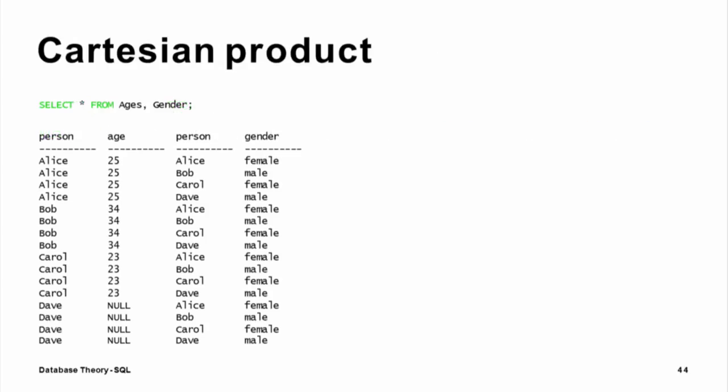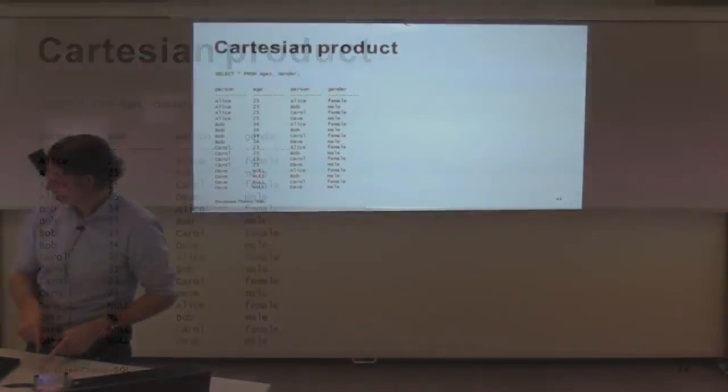That means that if you go back to that, you see that on the top row you have Alice, 25, Alice, and female. Well, person in the first column on the first row is the same as the first row in the third column. Let's see if I can switch over to the camera.